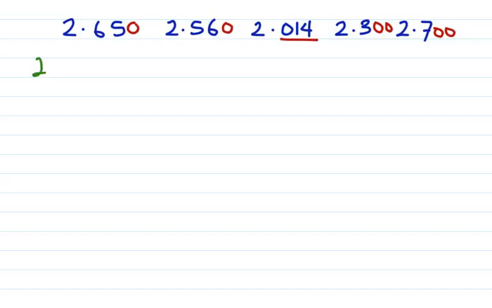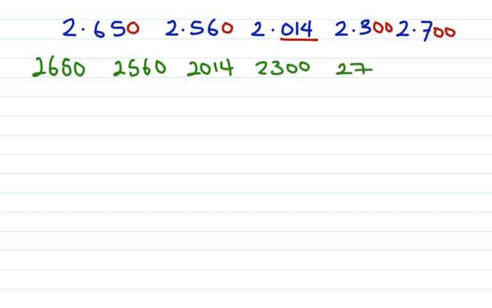So this becomes 2,650, 2,560, 2,014, 2,300, and 2,700. Now it's really easy to order them.